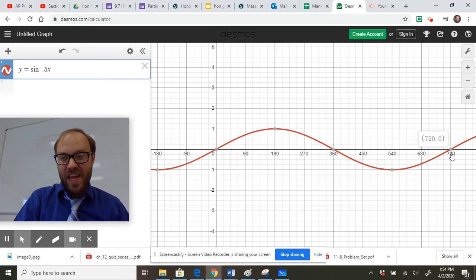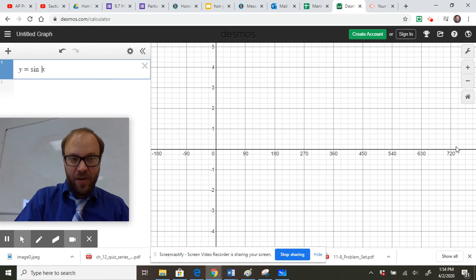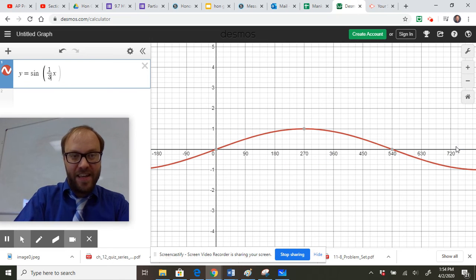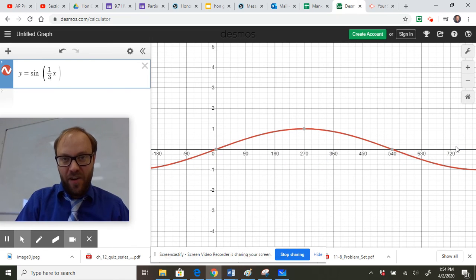And so notice, if you have a 1/2 there, the graph is twice as long. Why? Because 1/2 divides into 360 720 times. If I did 1/3 x, the graph will have a period that is 3 times as long. In fact, it kind of goes off the chart here.